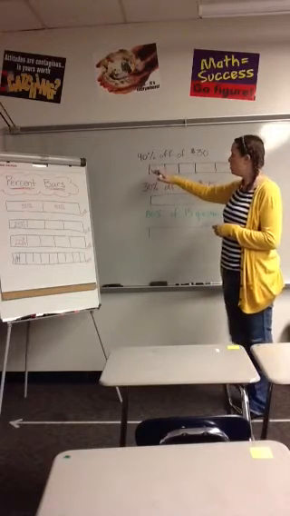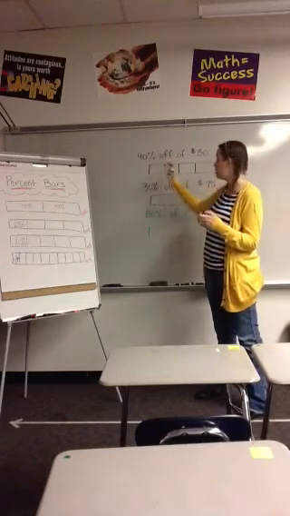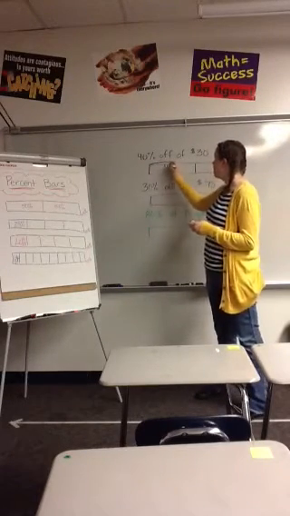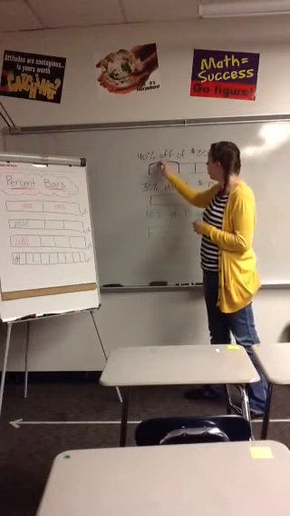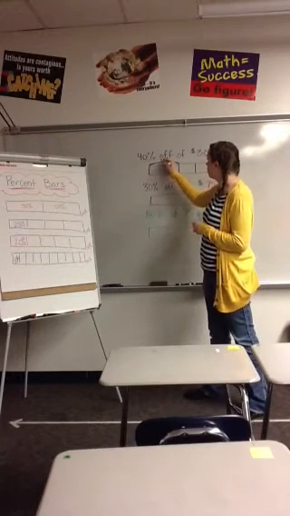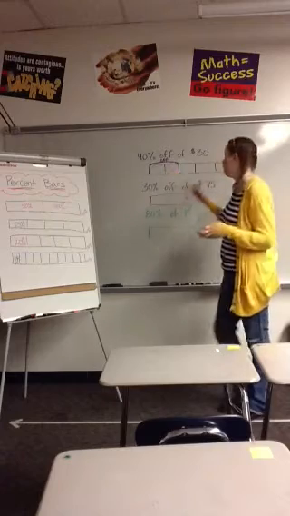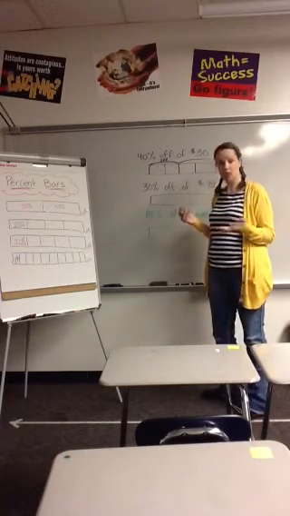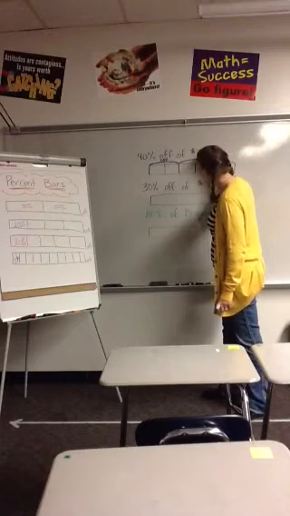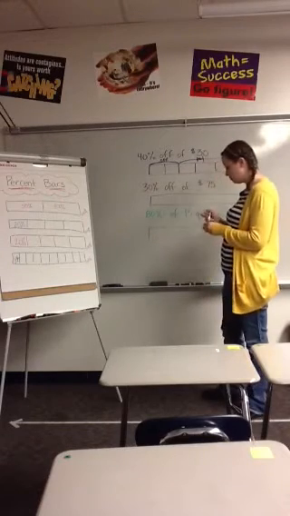And I know that 40% is the same as 2 20%s, so I know I'm looking at 2 boxes. 40% represents the amount of money off. So if I'm taking 40% off, these 3 boxes, or 60%, is going to represent what I have to pay.